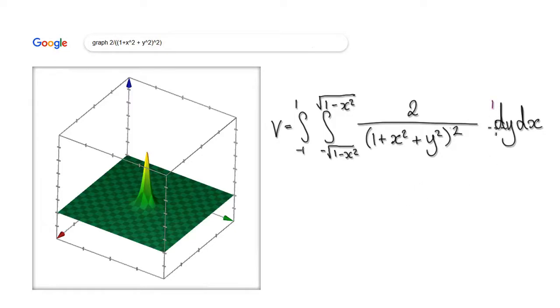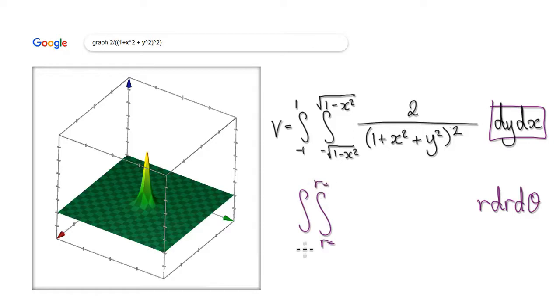So remember, polar form would be r dr d theta, and double integral. If you look at this, it's going to be r first, so r equals something, and then the angle, theta equals something, and your volume here.